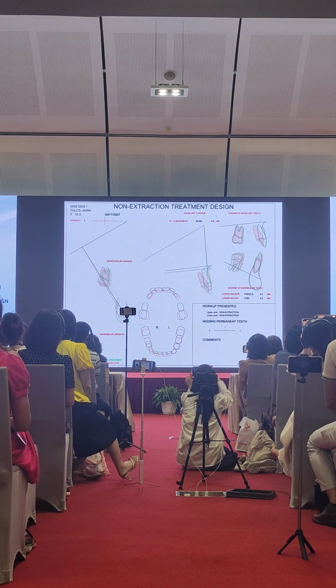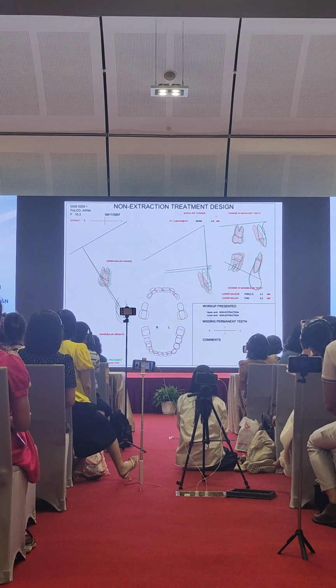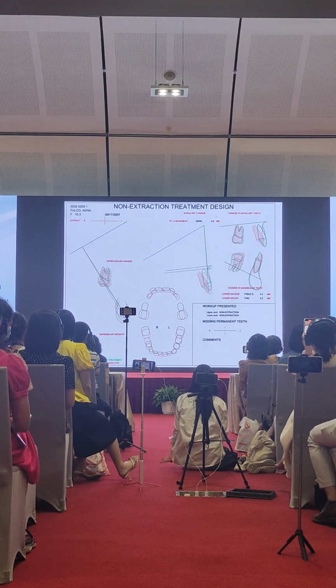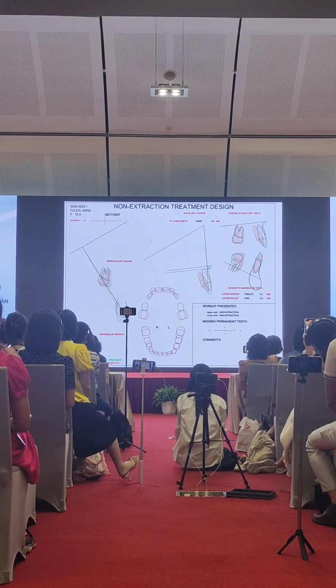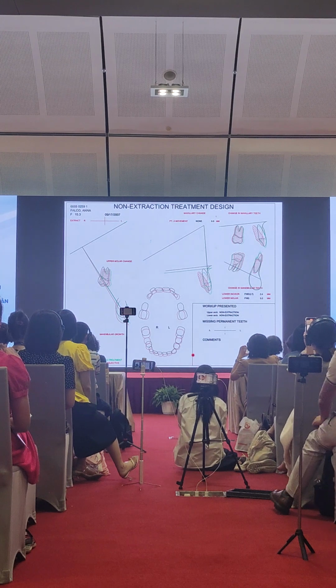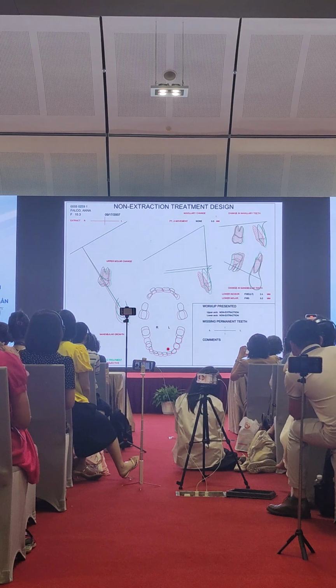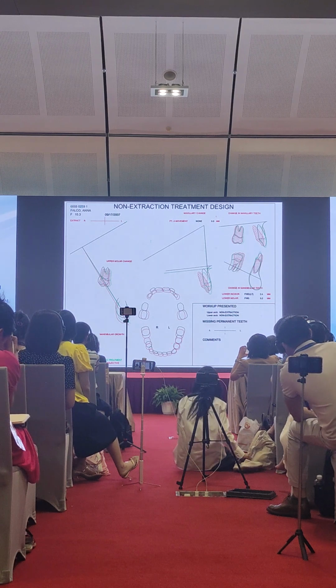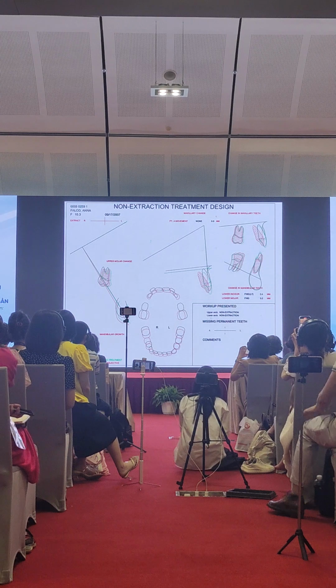And when we superimpose, you can see the mechanics. So we don't want to distalize the upper arch. We want to mesialize the lower arch, as you can see here. This movement that you can see here is the natural growth. So we want to push the lower denture forward.